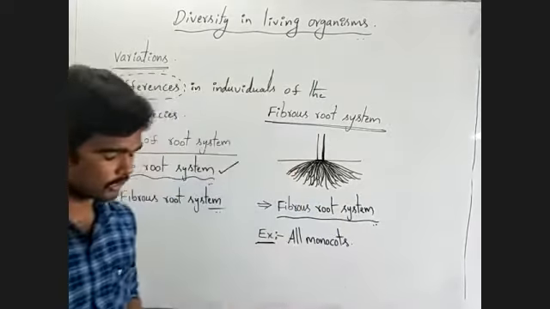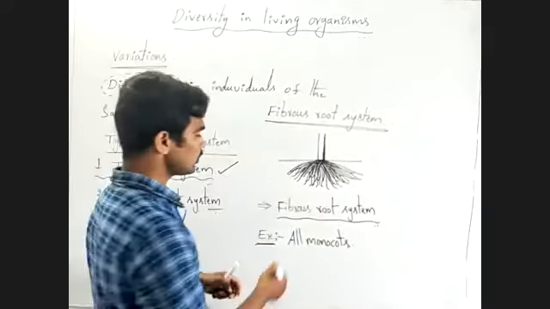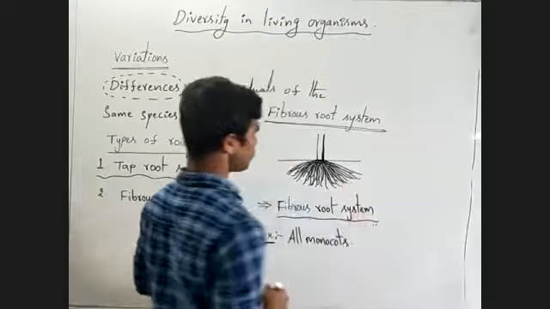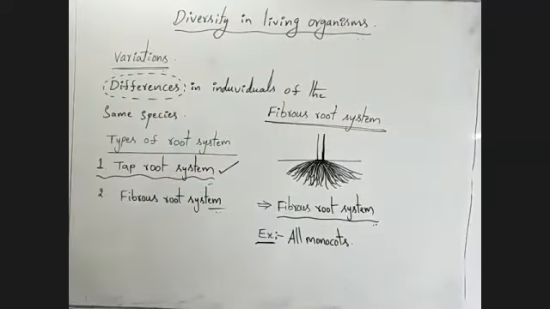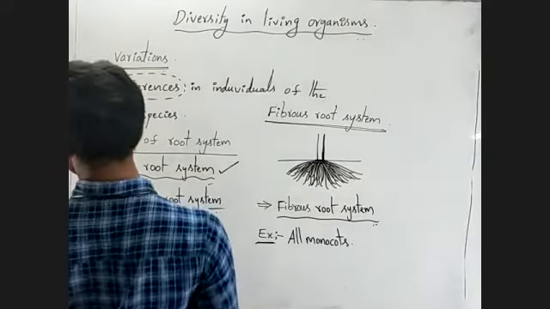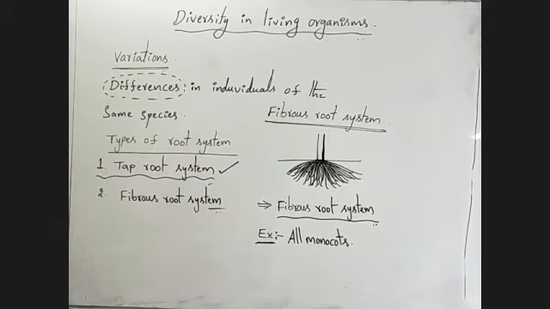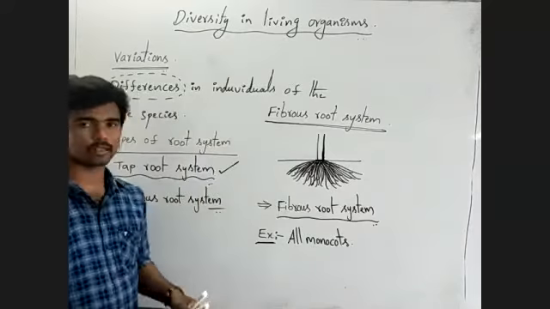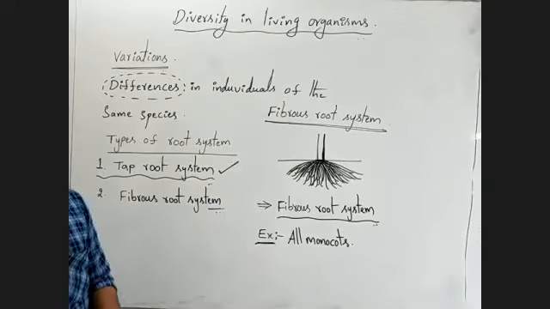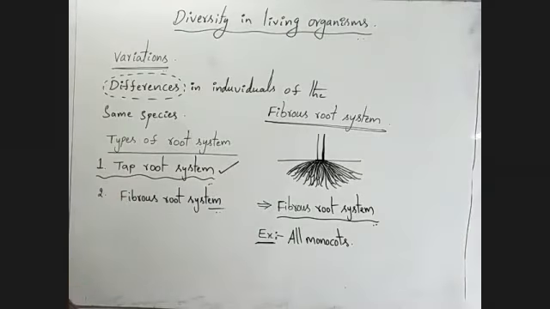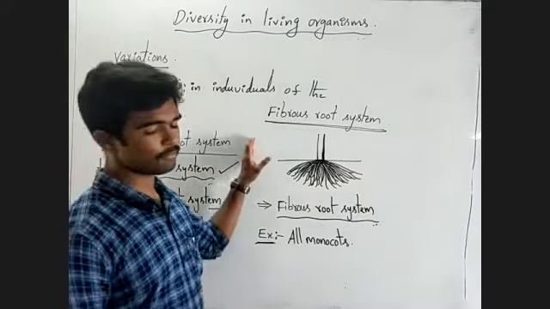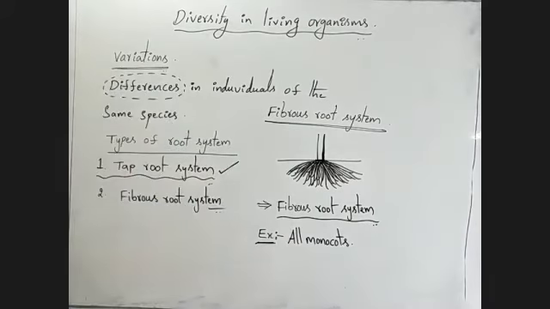All monocots have the fibrous type of root system. These are the two types of root systems. Observe once: first one is taproot system, second one is fibrous root system.